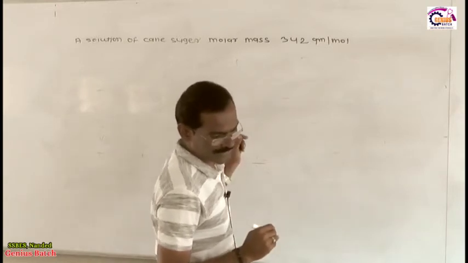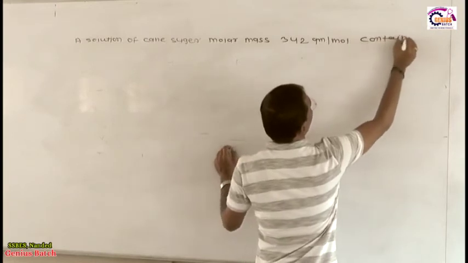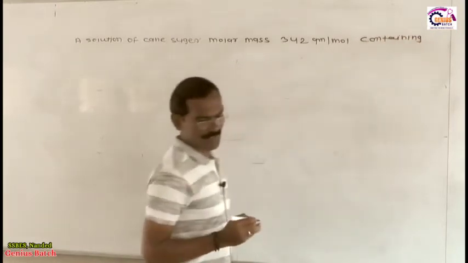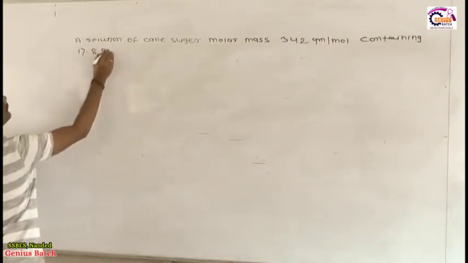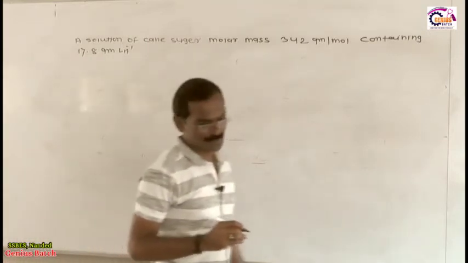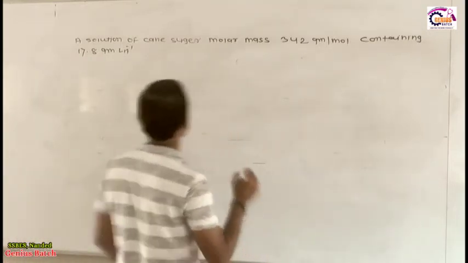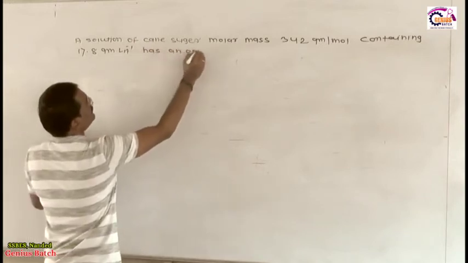Containing 17.8 gram per liter has an osmotic pressure of 1.2 atmosphere.